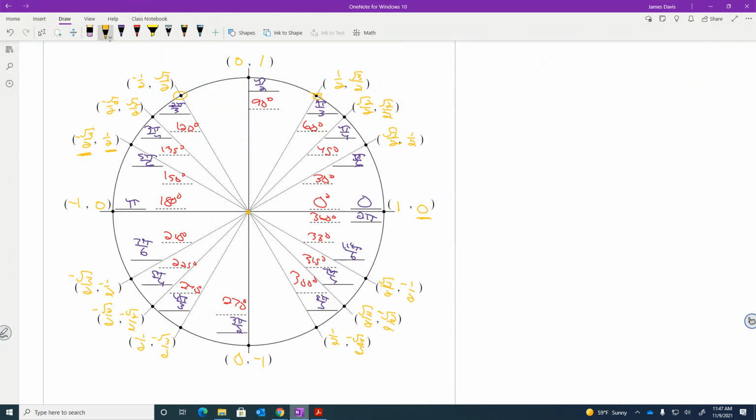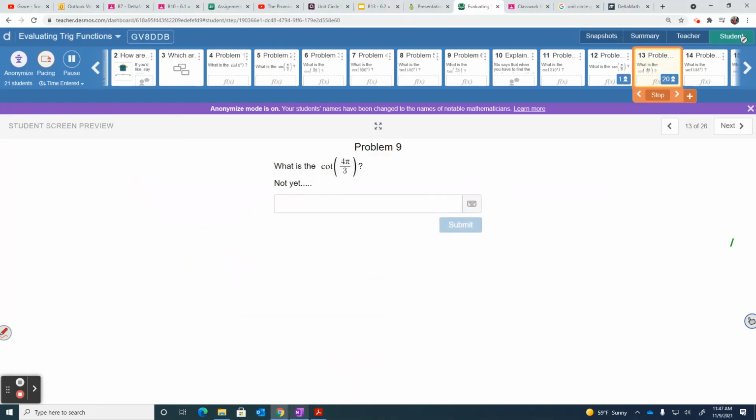There you did. 4 pi over 3, right here. The cotangent is the x over the y. So negative a half over negative radical 3 over 2. That looks kind of nasty there. So then we take the top, negative a half, multiply, flip the bottom.